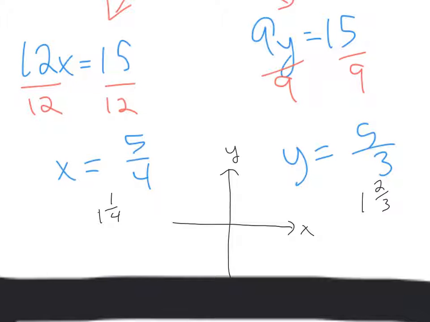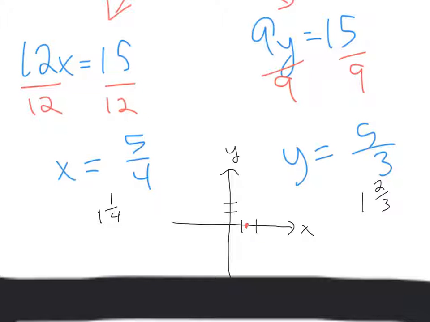Alright, so 1, 2 go into the x, and then we really just need 1, 2 go into y. Okay, let's plot our x first. X equals 1 and 1/4. So I move over 1, and 1/4 would probably be right about there. Can make that point.